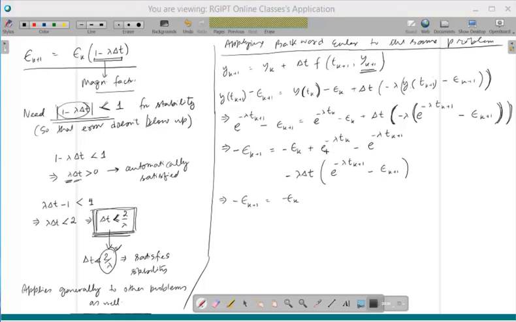And then between second and third terms, this one and this one, I'm going to take out e raised to minus lambda plus e raised to minus lambda d k plus 1. Okay. So that would give me e raised to minus lambda and d k minus d k plus 1. Okay.